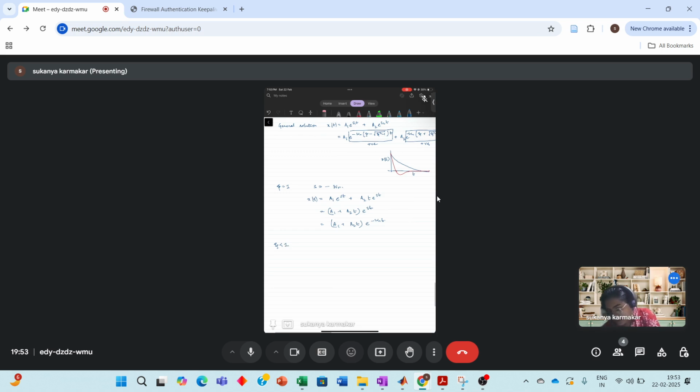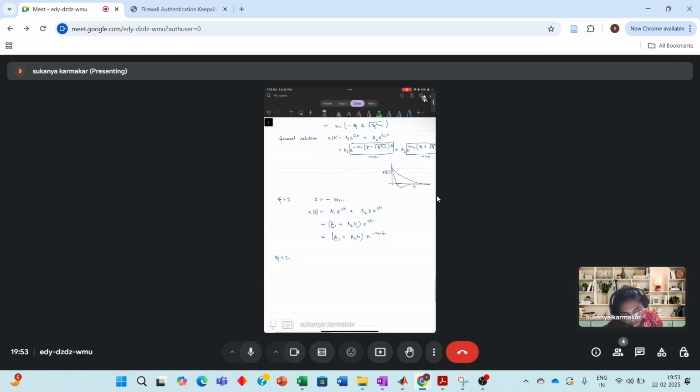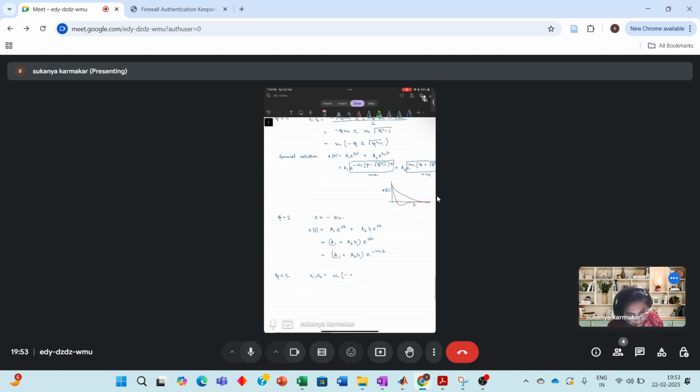If zeta is less than 1, then the roots will have an imaginary part as well. So what will be the expression for s1 and s2? It will be omega n times minus zeta plus or minus the square root of zeta square minus 1. This will be imaginary, since it has a minus 1 under the root.